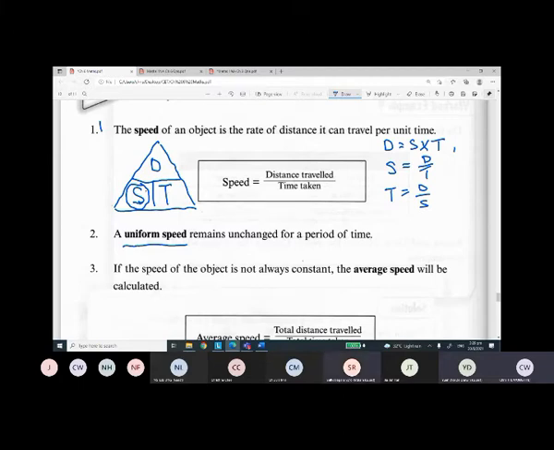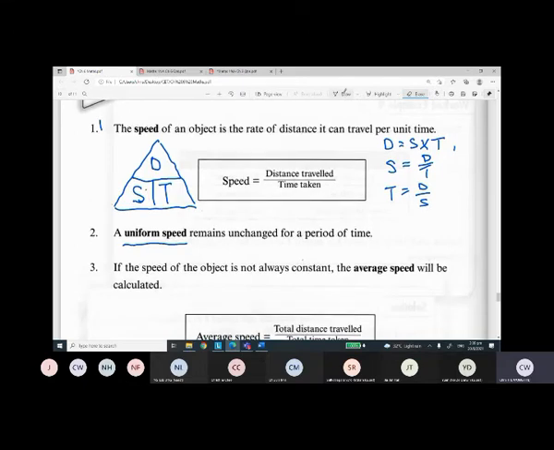S and T. No, I'm talking about when I want to find the speed, S. Don't talk about S now, because S is equal to, look at the one that I never circle. S is equal to what? D over T, isn't it? Is it D over T, Darwin? Yes. So the formula is D over T. Can you see that? You look at the triangle, you will know.